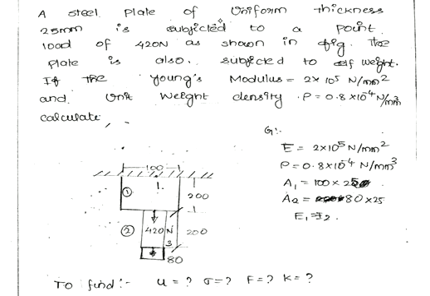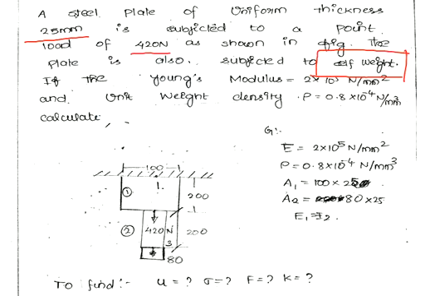A steel plate of uniform thickness 25 millimeter is subject to a point load of 420 Newton as shown in the figure. The geometry of the figure will be given here, and it is subjected to self weight. This is very important to understand in this problem.